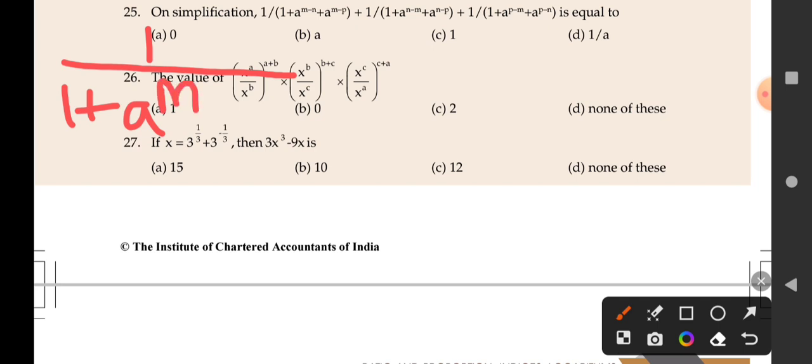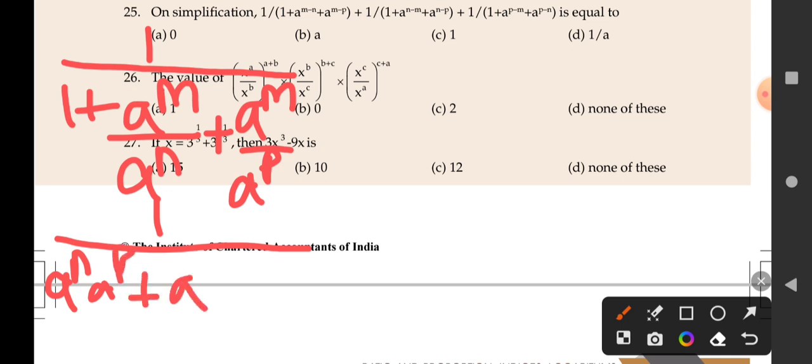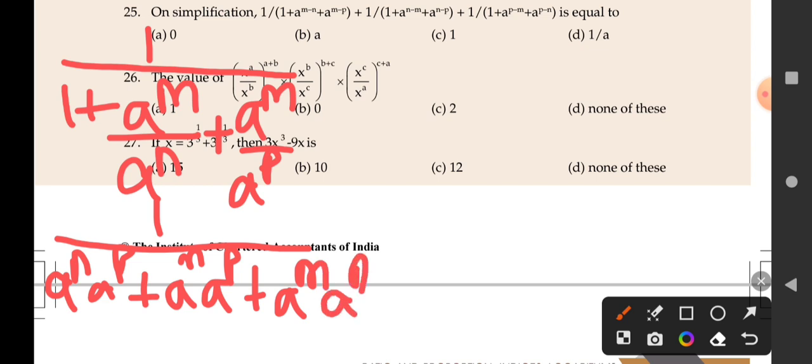I'll just explain the first term so that you will understand how the other terms will come. So this was the first term. Now LCM, 1 divided by a power n a power p, correct, plus a power m and a power p, plus a power m and a power n.